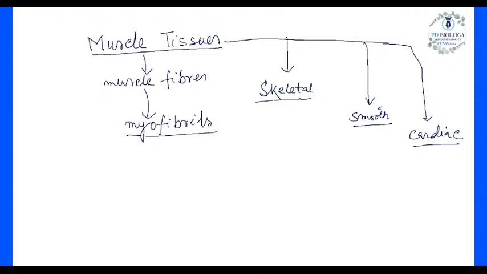Skeletal muscle, smooth muscle, and cardiac muscle. The skeletal muscle is known as striated muscle. They are also known as voluntary muscle. Very important. Never forget this information. Skeletal muscles are striated, skeletal muscles are voluntary.